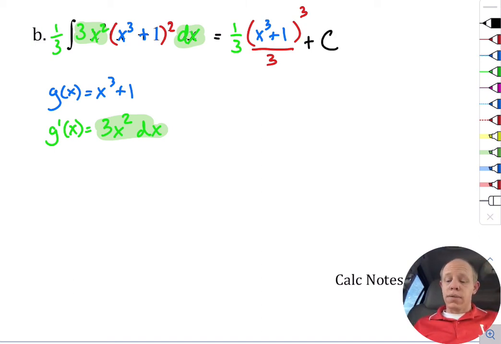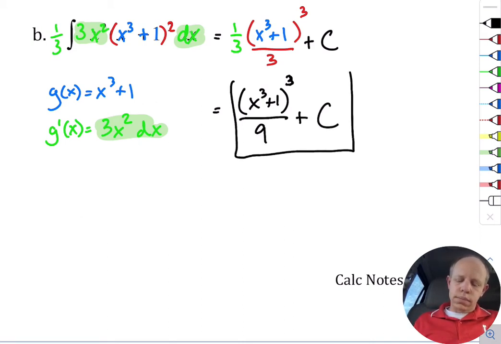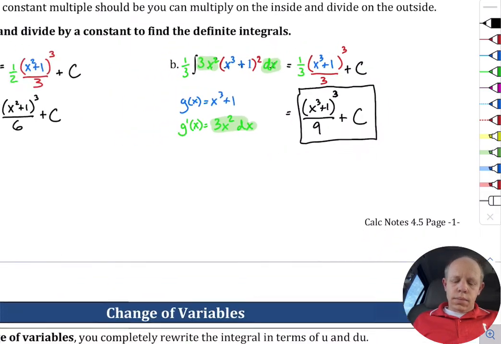And we'll add that constant of integration. So we'll just simplify here. And we're going to get x cubed plus 1, that quantity to the third power, and then divided by 3 times 3 is 9, plus C.